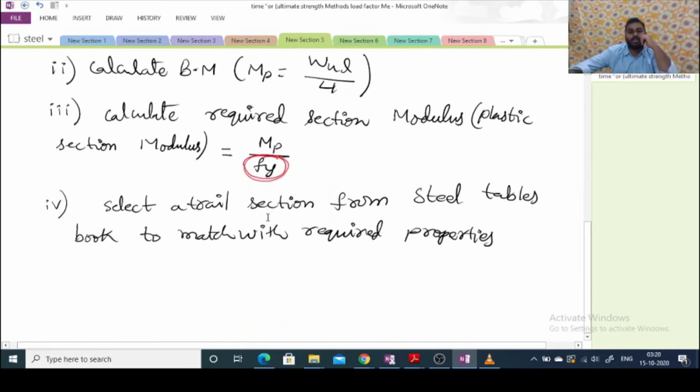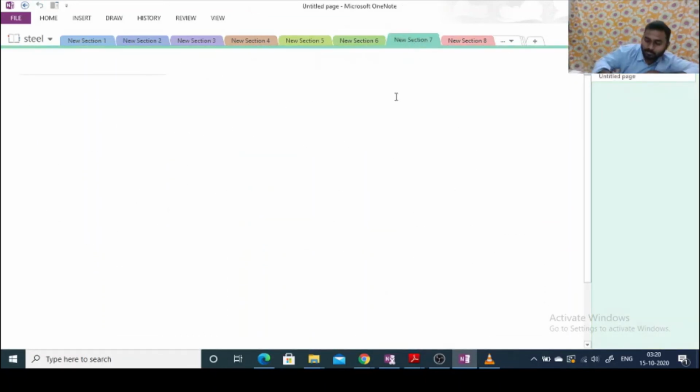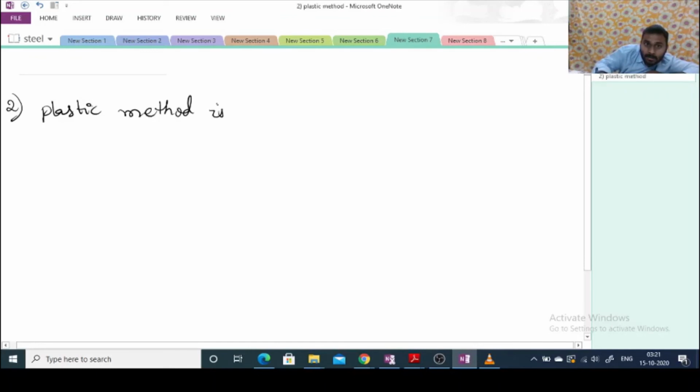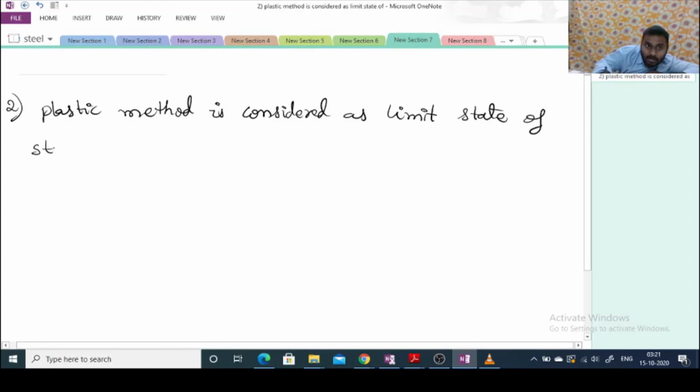Now the next point. The plastic method is considered as a limit state of strength.